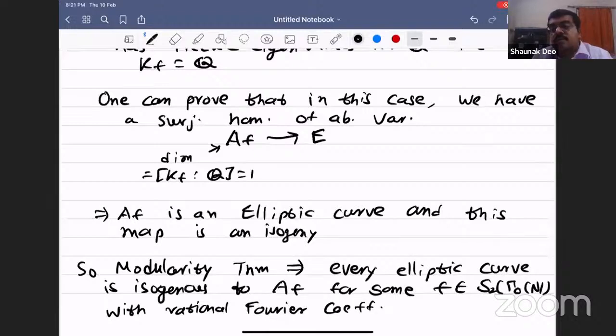Whenever you have an F which is an eigenform with rational Fourier coefficients, this AF is an elliptic curve, and the modularity theorem says that any elliptic curve is isogenous to such an elliptic curve. That's why the first statement which I stated is that every rational elliptic curve arises from a modular form. This is what I meant: you take an elliptic curve over the rational numbers, then there is a new form F of weight 2 such that the corresponding abelian variety is an elliptic curve which is isogenous to your given elliptic curve.